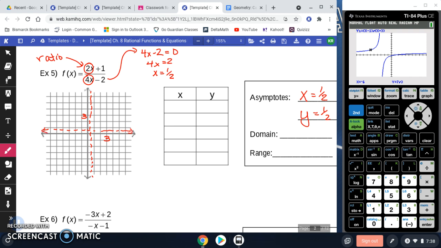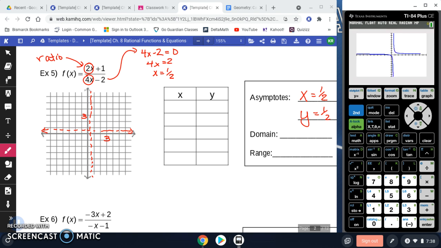All right, now graphing it. So let's go back to our y equals. I'm just going to piggyback into this one I already have. 2x plus 1, and in the denominator 4x minus 2.